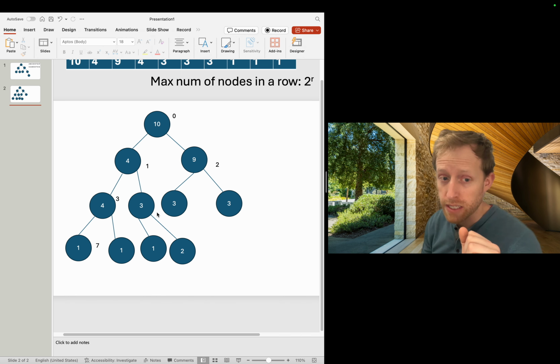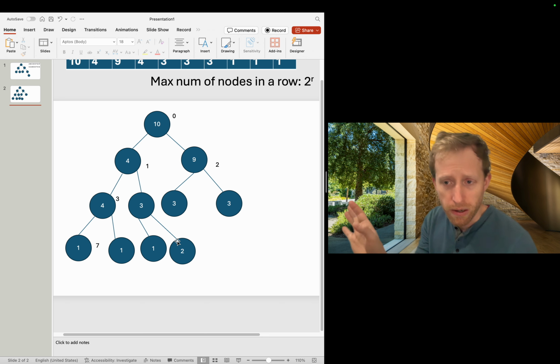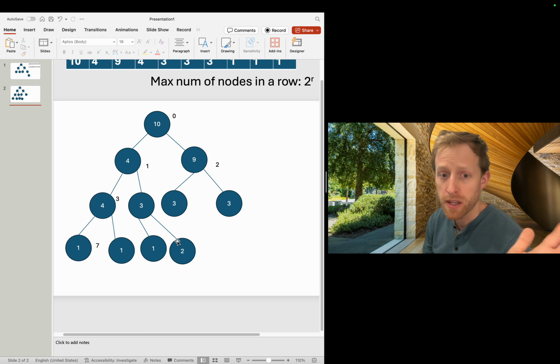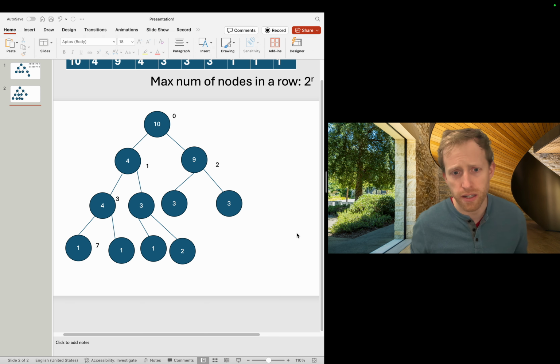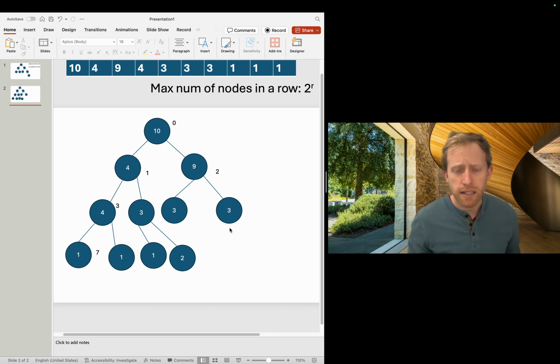So 2 is still less than or equal to 3, and 1 is still less than or equal to 3. But there is no comparison between the 1 and the 2, so it is absolutely allowed. Very good. So now we've added 2 to our heap, and the insert operation at the end is very nice.